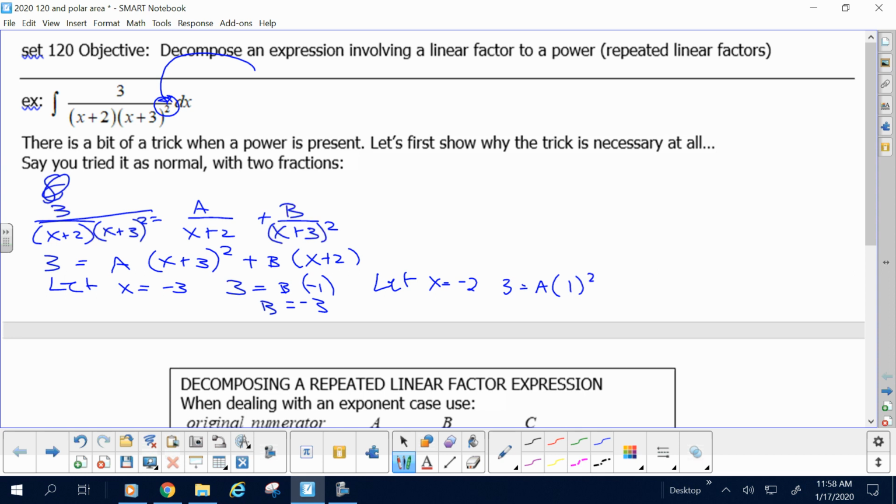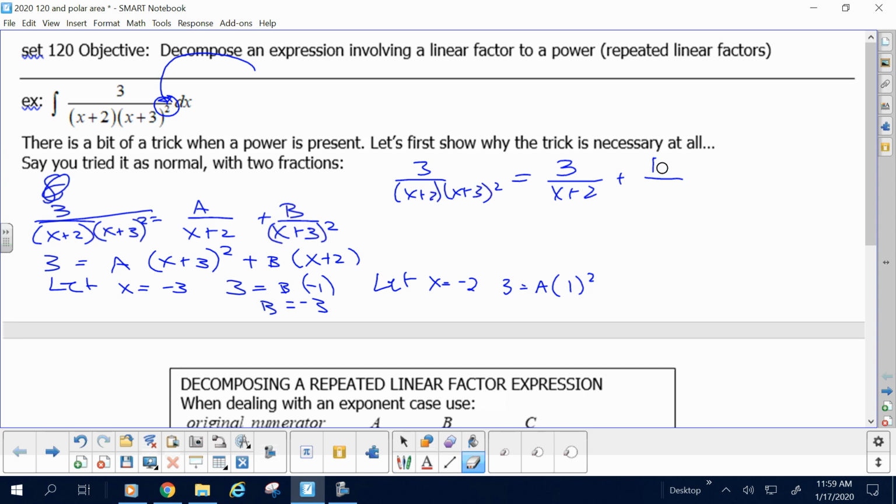So we would conclude that 3 over (x plus 2)(x plus 3) squared is equivalent to what? A is 3, and it goes over x plus 2, and B is -3, and it goes over (x plus 3) squared.